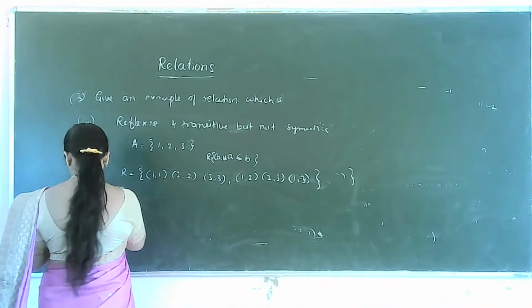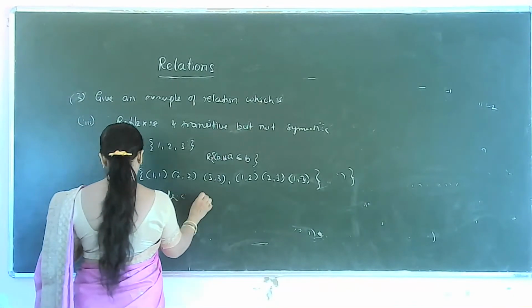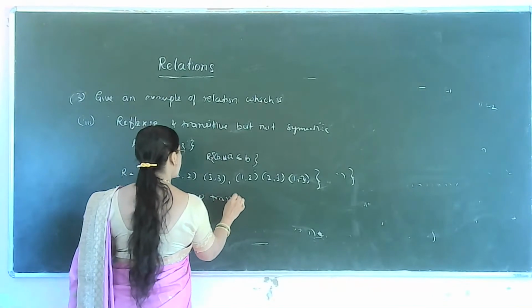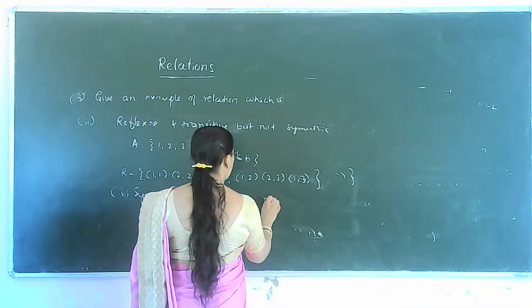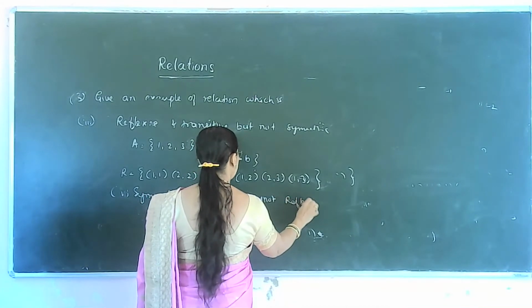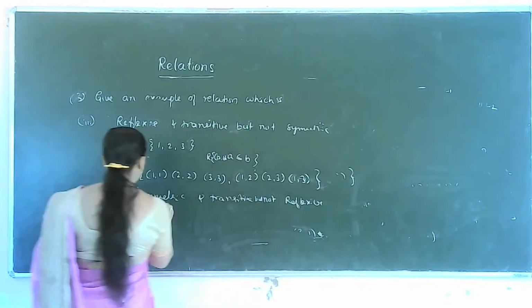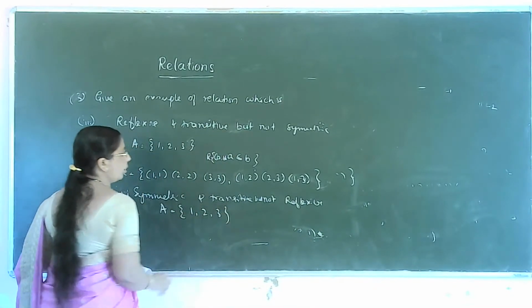Last one is the fifth one, symmetric and transitive, not reflexive. Here A is equal to {1, 2, 3}.